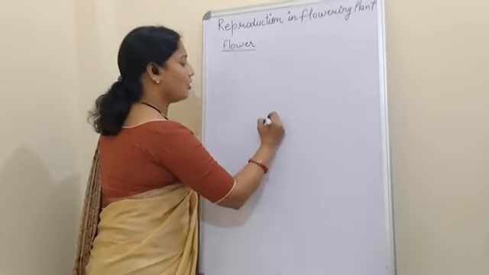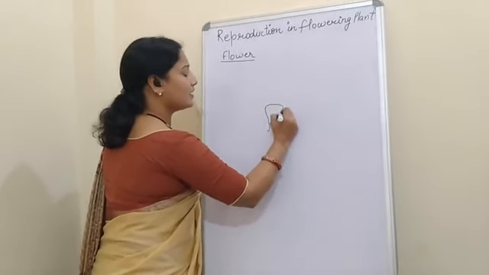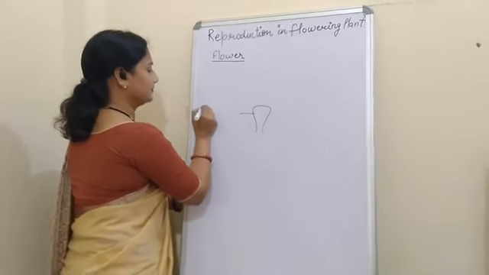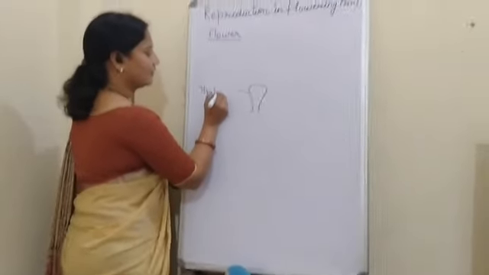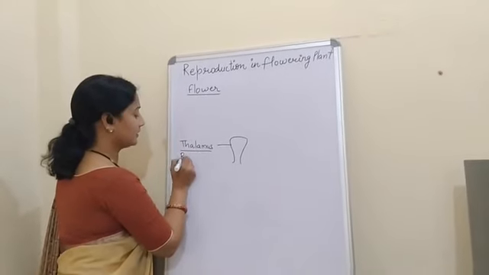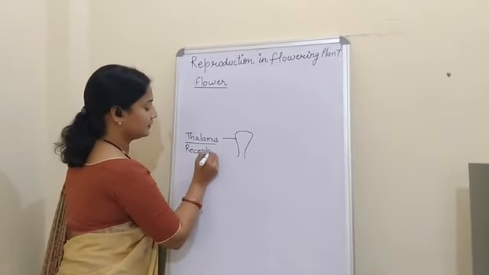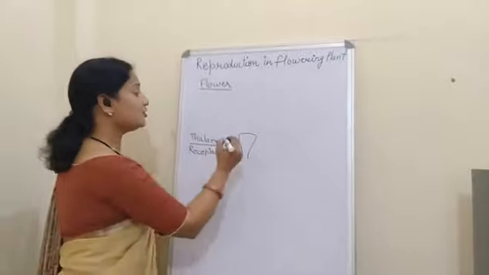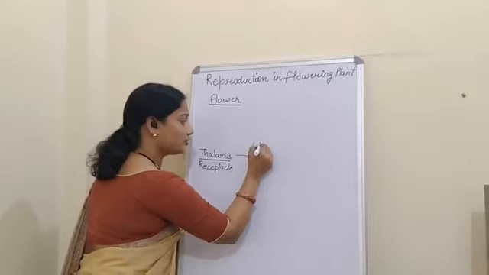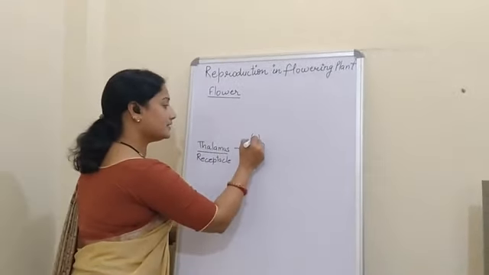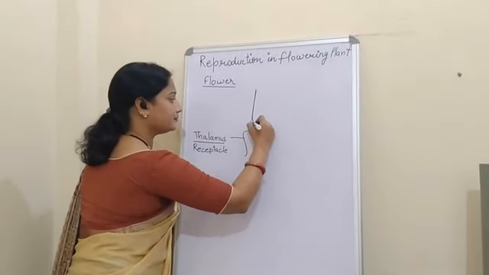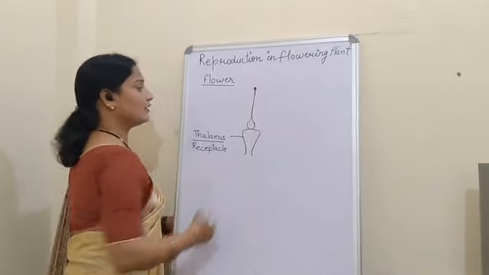The structure on which the flower is situated is called the thalamus. Okay? Or it is also called the receptacle. At the center of the structure, there is the innermost whorl of the flower, and this innermost whorl is called the ovary.